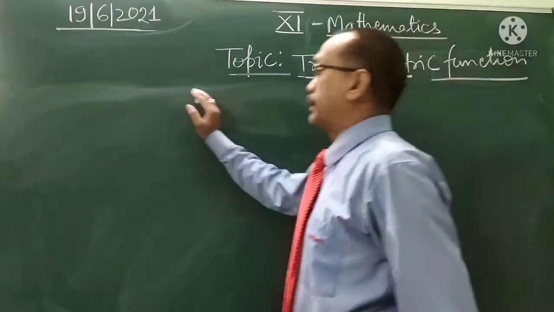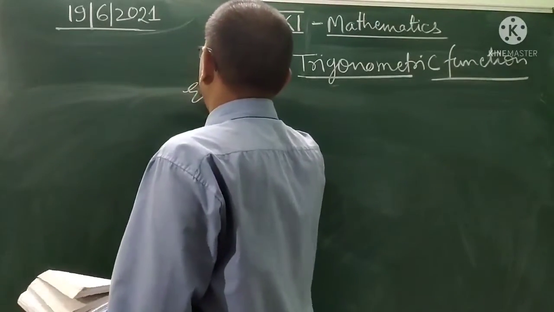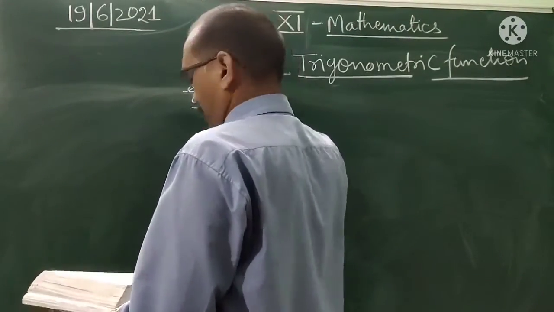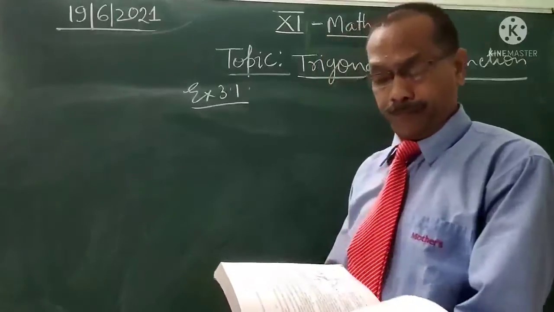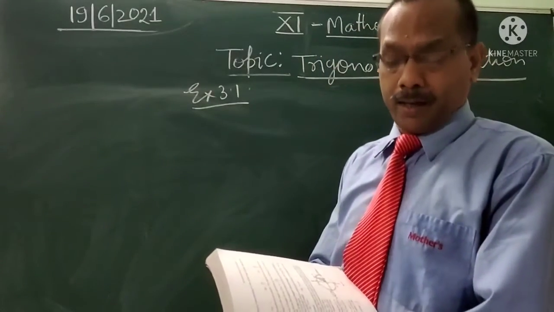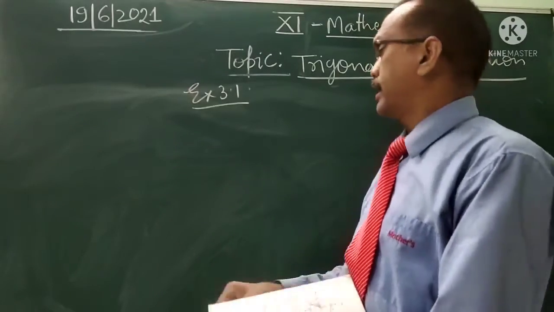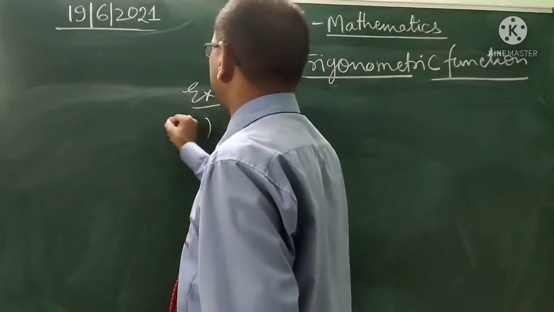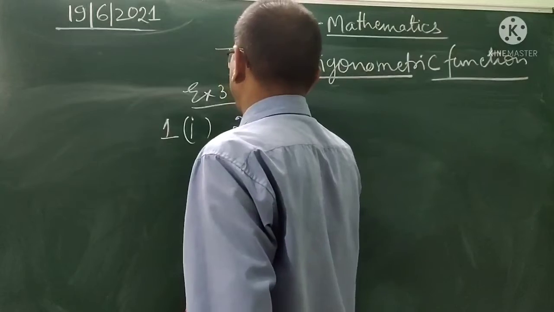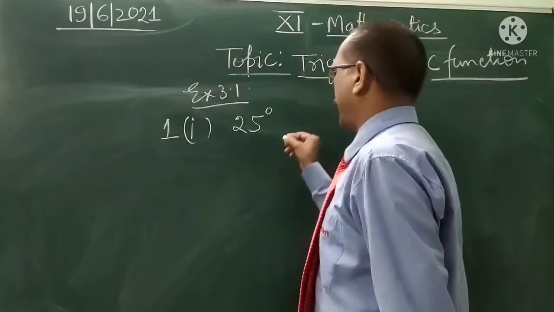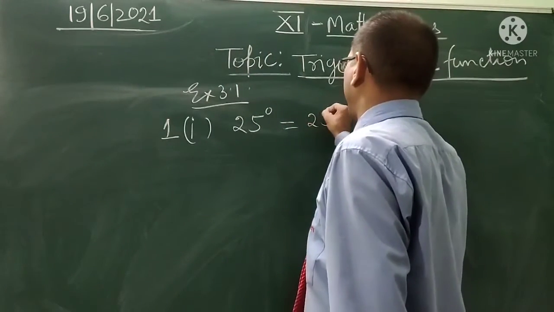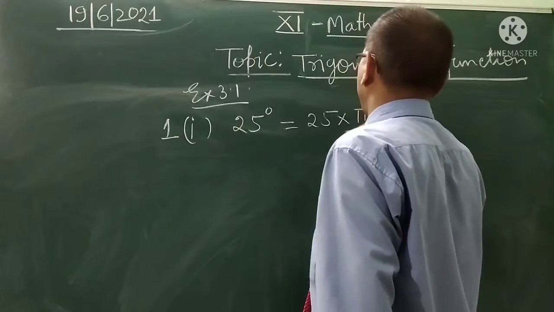Dear student, come to exercise 3.1. Question number 1. Find the radian measure corresponding to the following degree measures. First part, it is 25 degree. So it can be written as 25 into pi upon 180.